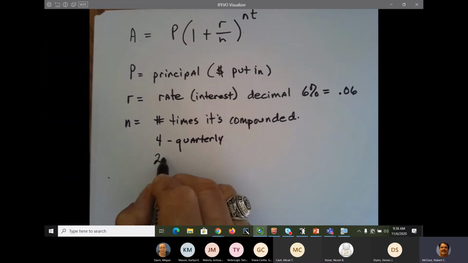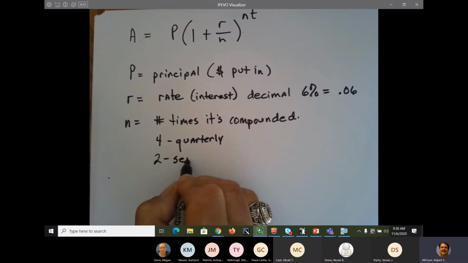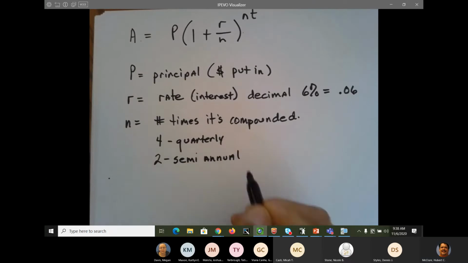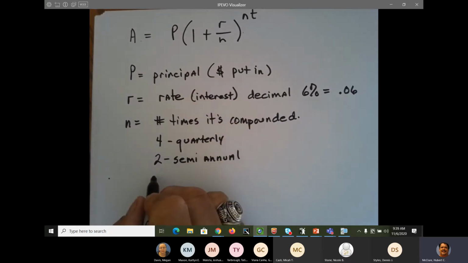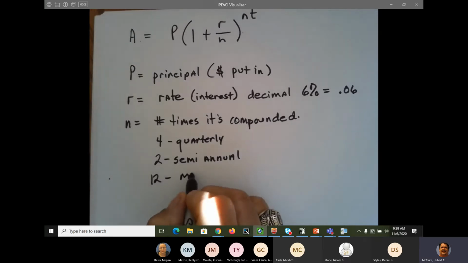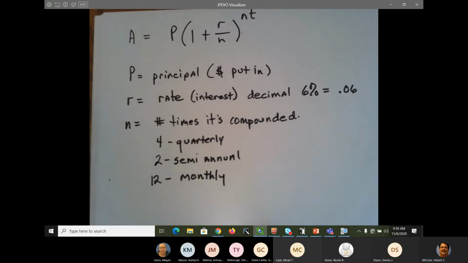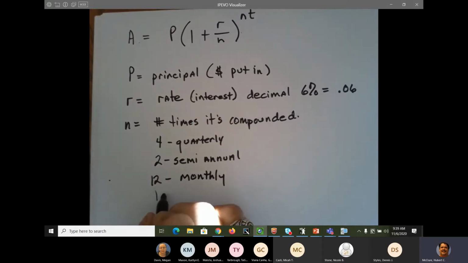If it's 2 times a year, that's semi-annual. If it's 12, that's monthly. And of course, one time a year is annually.